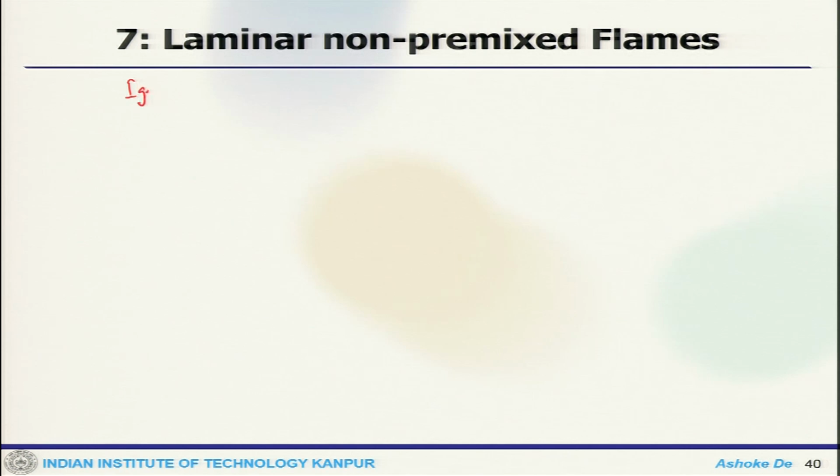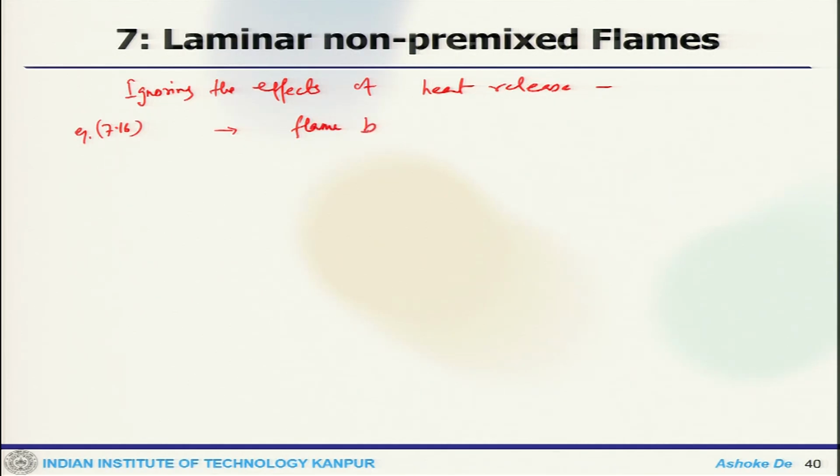Now, we can ignore the effects of heat release due to reaction. Then from 7.16 one can get a very crude description of the flame boundary, when YF equals YF stoichiometric.